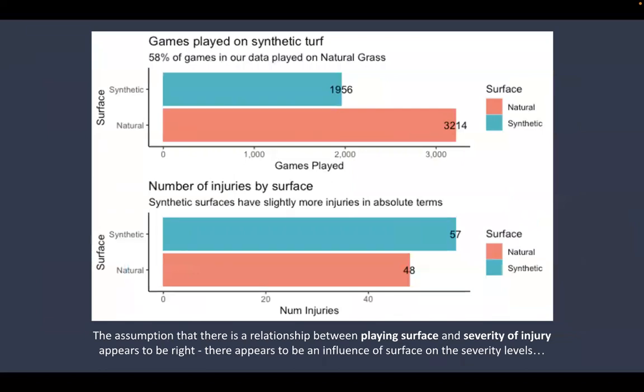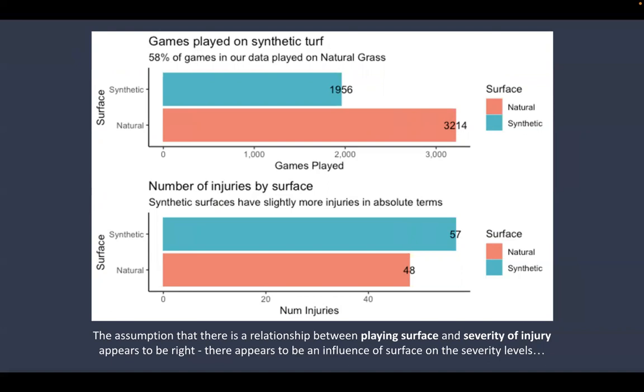So this was a very interesting visual that I saw during my exploratory analysis here. So as you can see, the top shows the games played on synthetic turf versus natural grass. 58% of the games in our data were played on natural grass.